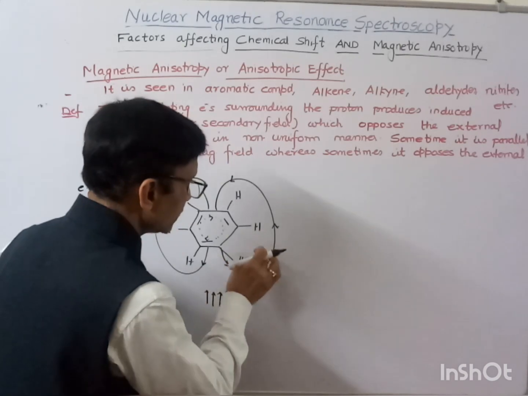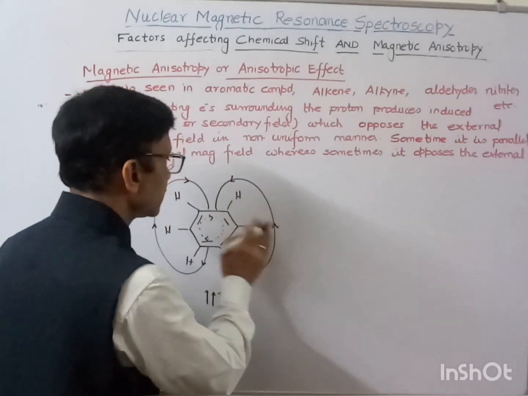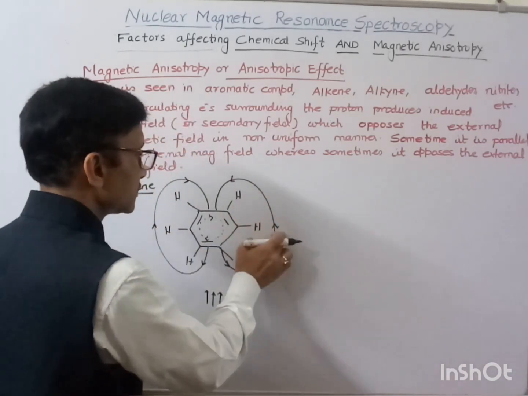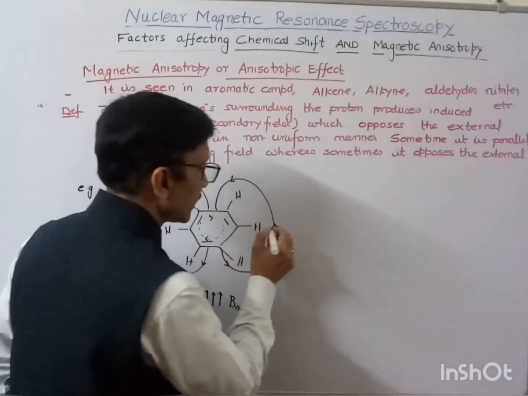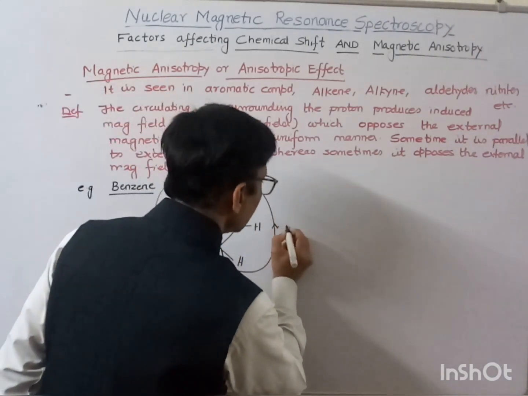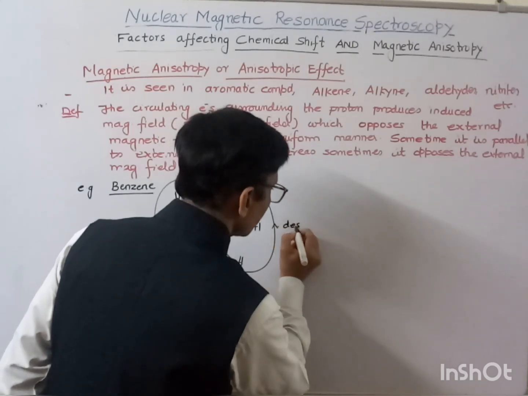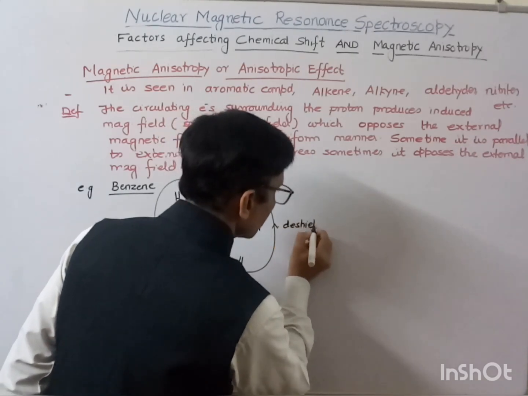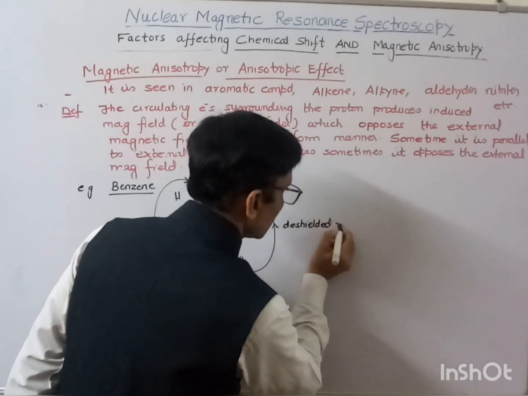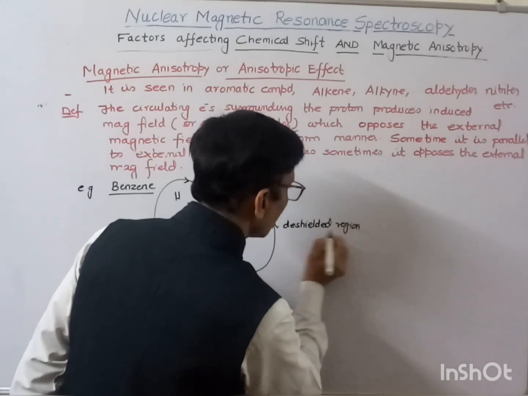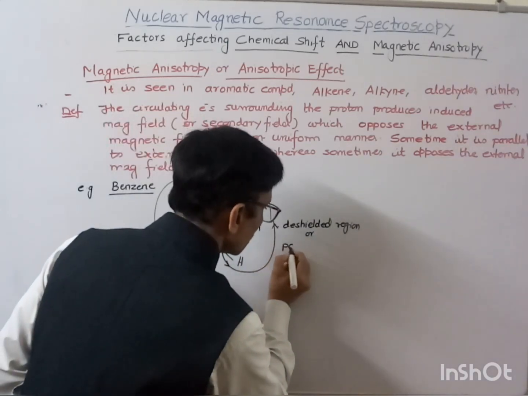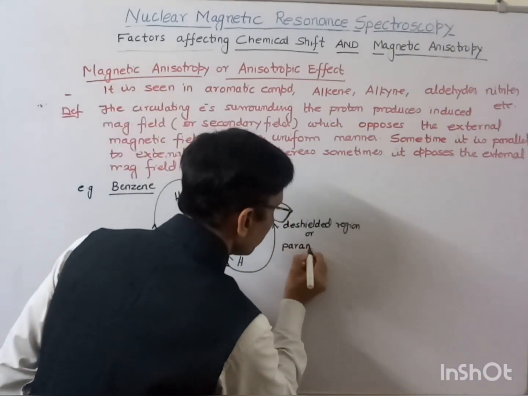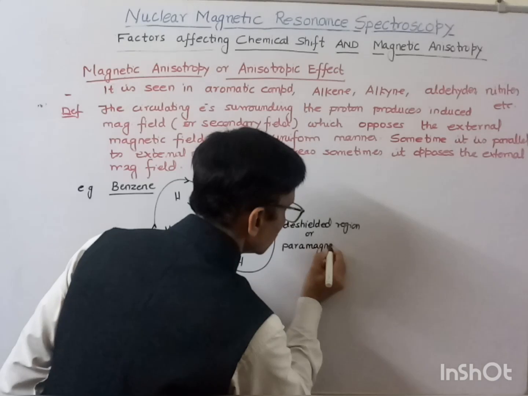So this region outside the ring is called the deshielded region, or we may call it a paramagnetic zone.